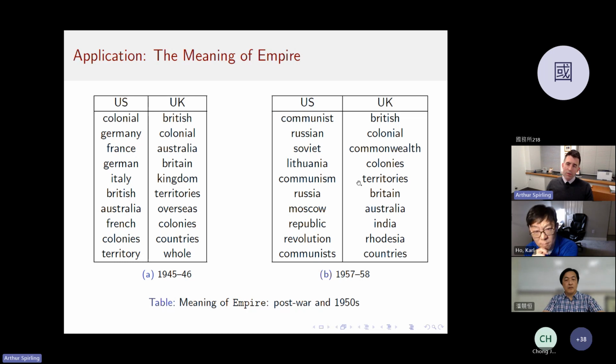By the 1950s, however, the US has a sort of new understanding of how it uses the word empire. And it uses it primarily and somewhat distinctively to refer to what's going on in the USSR. So sort of a communist empire, that Lithuania is now an imperial possession of Russia or something like this. Whereas in Britain, they're still using empire in the traditional sense.